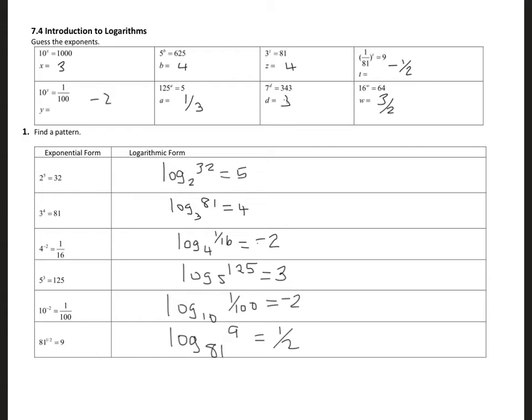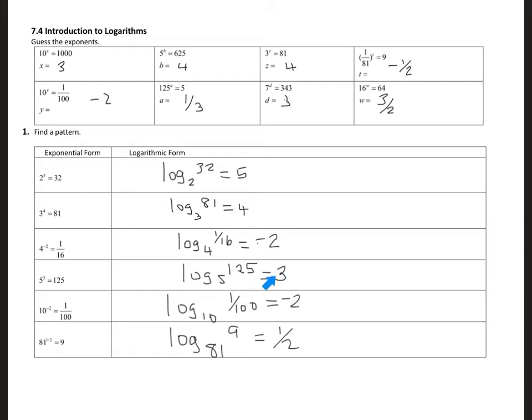So from what we can see here, when I'm looking for the logarithm to base 2 of 32, it gives me the exponent I was looking for. So when we are looking for this exponent, another way of saying it is looking for the logarithm to that particular base. So logarithm to base 4 of 1/16 gives me -2. So what I'm saying is, 4 raised to what power gives me 1/16, and that gives me the logarithm value. 5 raised to what power gives me 125?